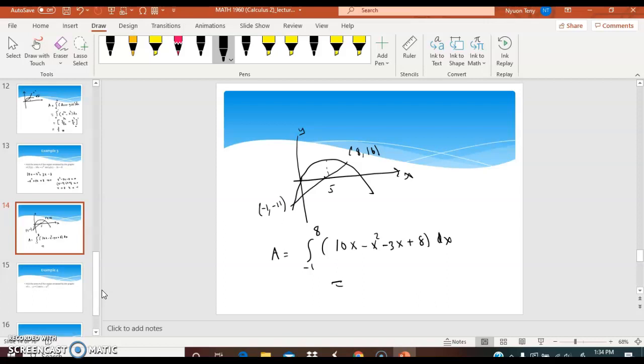That should give you the integral from -1 to 8 of -x squared plus 7x plus 8 dx. That should give you 243 over 2.